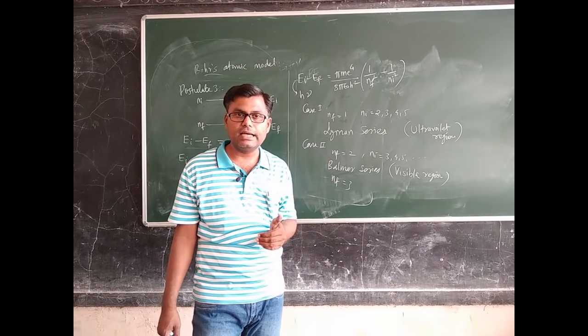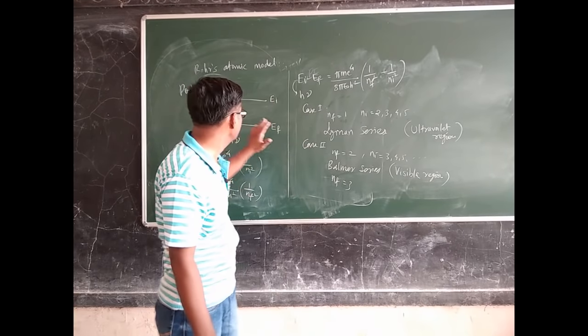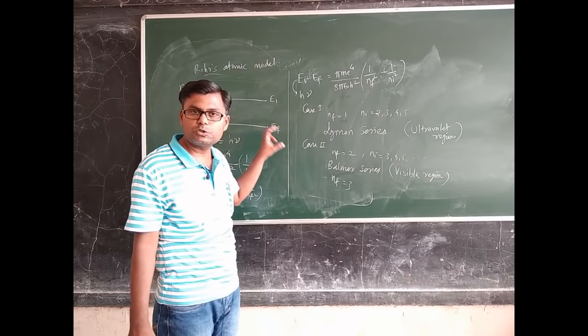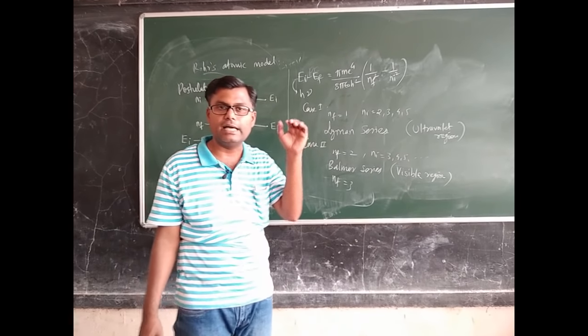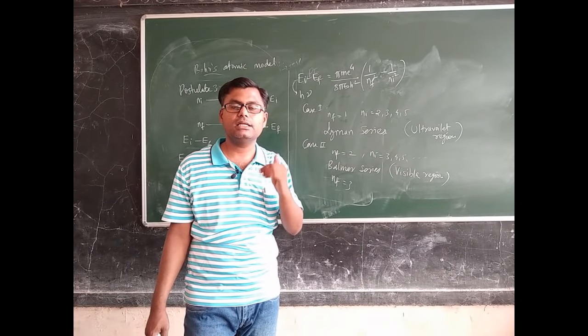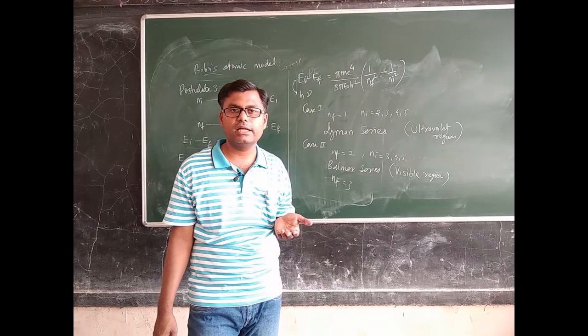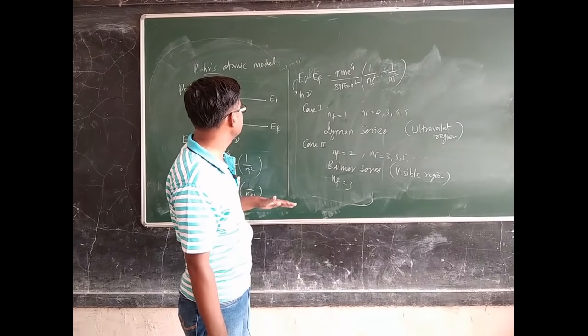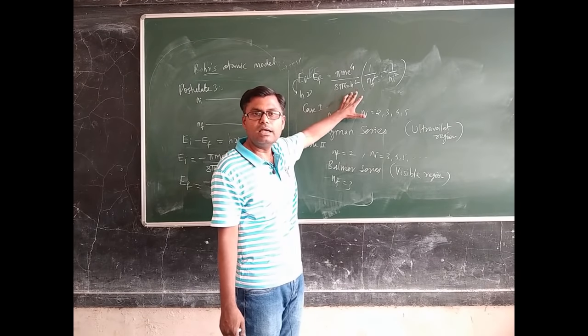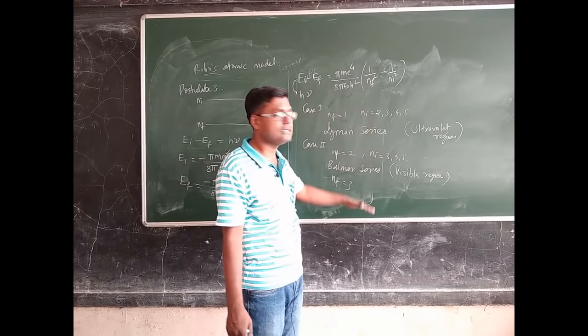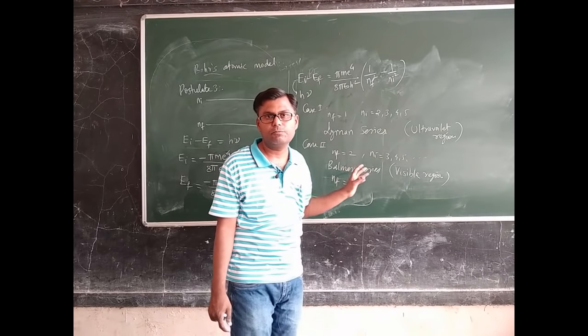In order to explain that, he has given postulate number 3, and according to this postulate, whenever the electron jumps from a higher energy level to a lower energy level, it gives out electromagnetic radiation. And how that electromagnetic radiation is related, we can obtain with the help of this particular formula, and we can explain different series with the help of the Bohr atomic model.